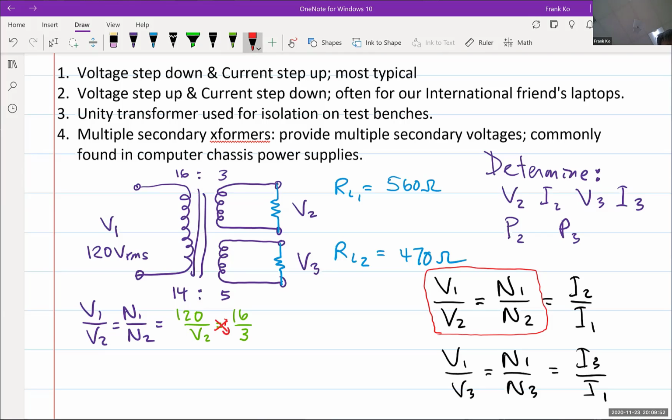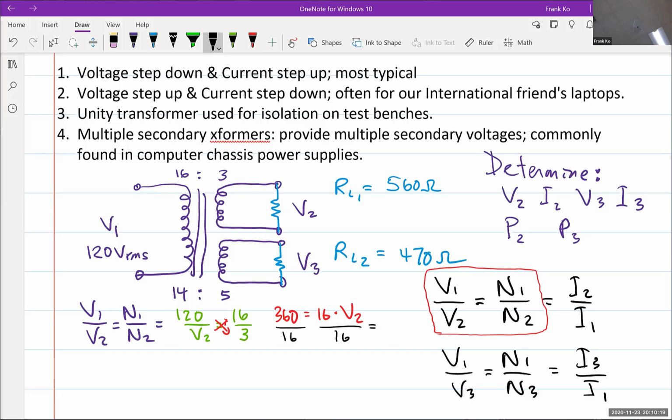So this works out to be 360 equals 16 times V2, yes? And so how do I solve for V2? I simply divide both sides by 16. And so my V2 works out to be 360 divided by 16.